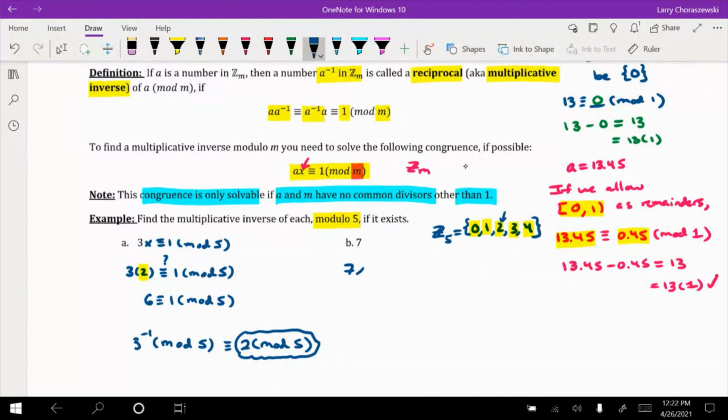Can anybody think of a value x that would satisfy this congruence? Well, 8's not in this set. It has to come from this set of residues.